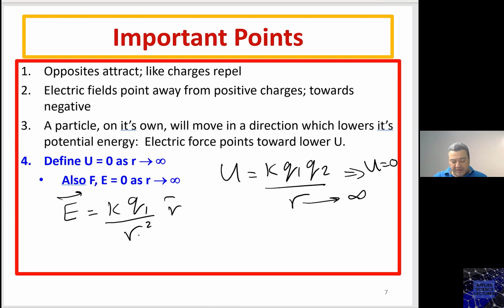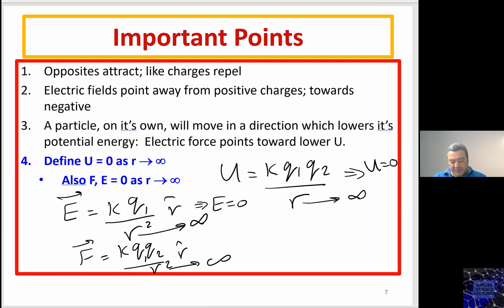If I take this R to infinity, then the electric field at infinity would also be 0. Same thing for the forces. If I take this distance between those two charges to infinity, then the force would also be 0.